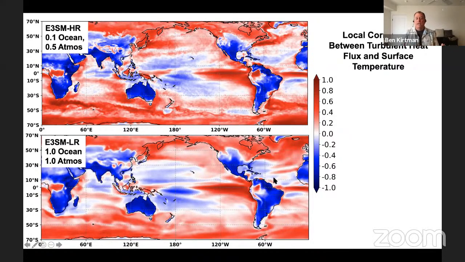The Southern Ocean is perhaps one of those examples. I mean, the Gulf Stream region, you can see that you had a fairly strong positive correlation in the low resolution model already. It certainly gets a lot stronger in the high resolution model, but not nearly as dramatic a result as using CESM.